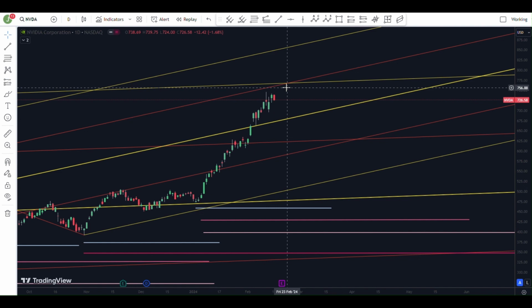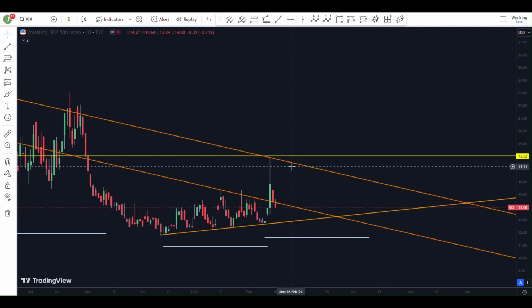Another way we can do that is by looking at the VIX. I discussed these trend lines in the last episode, and I'll be looking essentially for the same thing. I'll be looking for a retest of this trend line to help us identify the potential peak in the SPX prior to the sell-off that I expect going into mid-March.